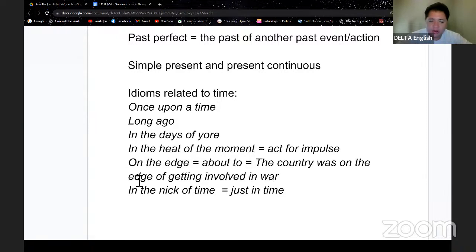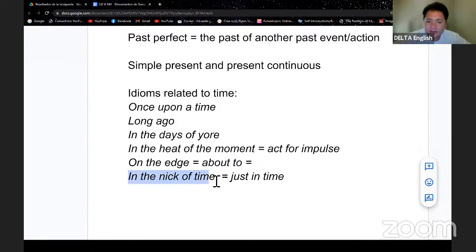So when you say on the edge, it was about to, right? Think edge is el filo de una superficie, ¿no? Donde empieza un precipicio para algo, ¿no? The edge of the mountain, the edge of the table. So you say the country was on the edge, it means that we're about to get involved in a war. Okay.